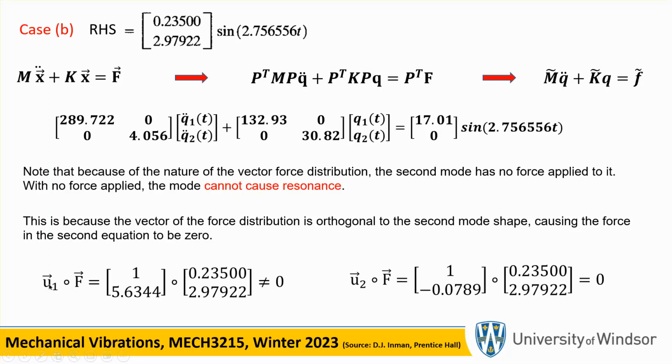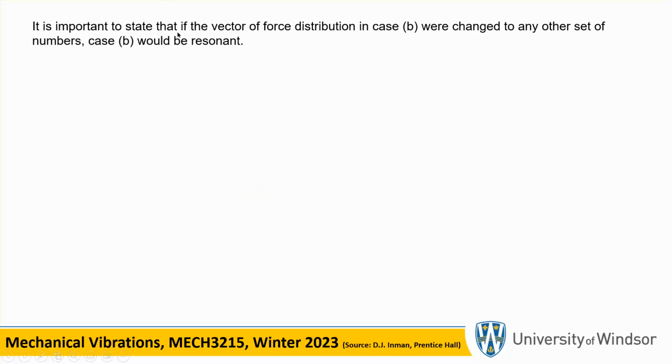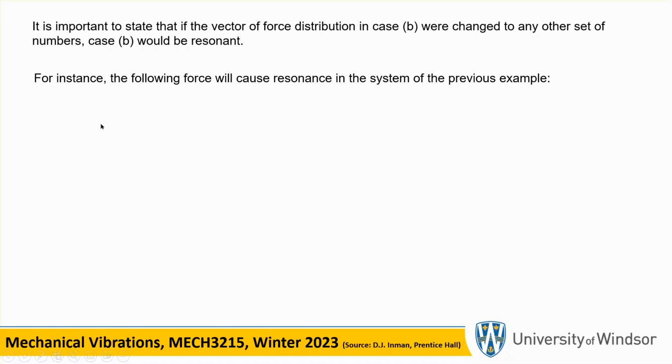If you look at the first column of that matrix, dotted with F, this is not zero. But if you take U2, the second column of P, dotted with this, it is zero. And that is why this will not lead to resonance. Now, it is important to state that if the vector of force distribution was anything else, so that that product would not be zero, you would have a problem.